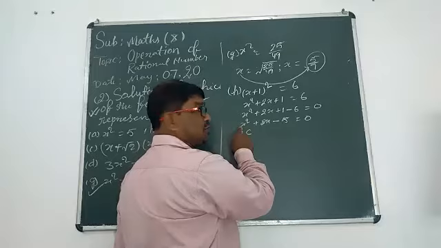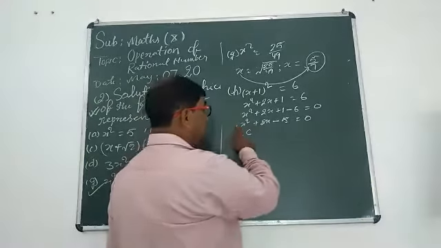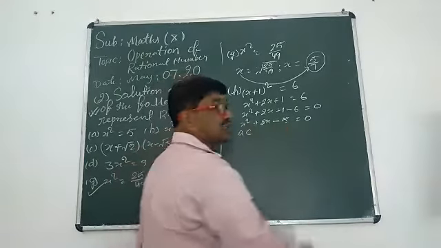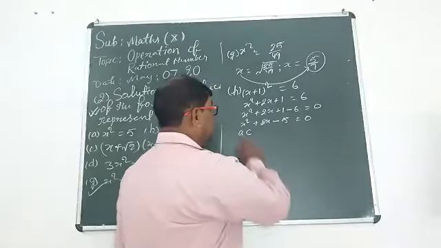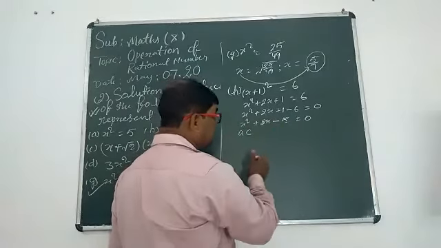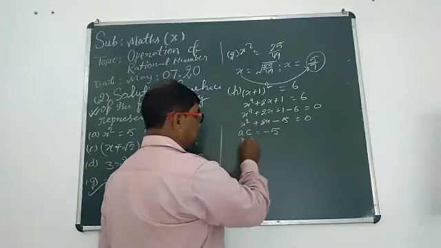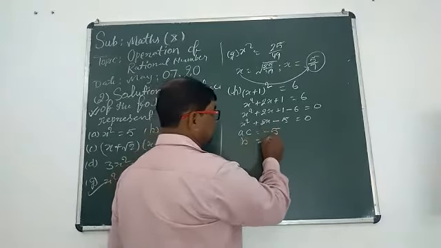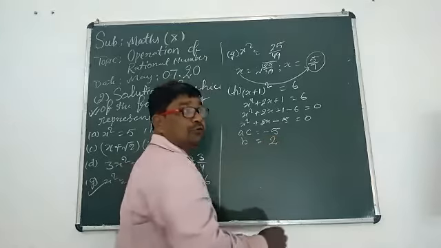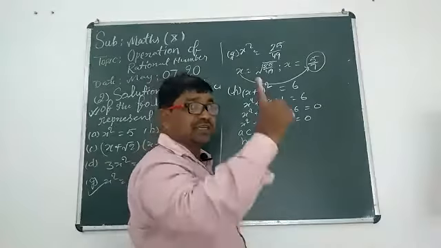Here coefficient of x square is 1 and here constant is -5. Multiply these two together: -5. Now student, B is 2. B means coefficient of x.